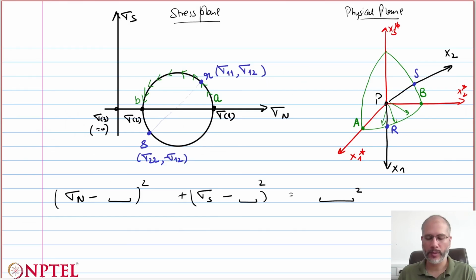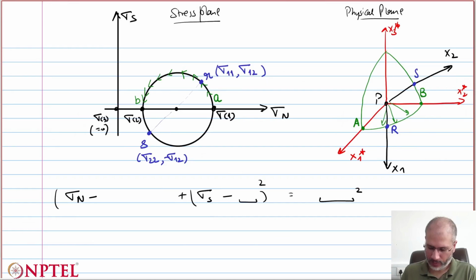We'll try to fill these blanks now. If you try to locate the center point of the circle, you can easily see that the coordinates of point R and S, especially the sigma n values, if you take an average of that, you get the center of the circle because R and S are symmetrically located around the center.